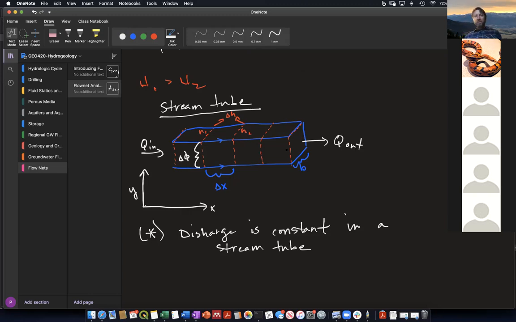All right, let's try and calculate the flow in this stream tube here. Let's calculate Q sub S, which is equal to the discharge in, or the discharge out, or the discharge anywhere in this stream tube.